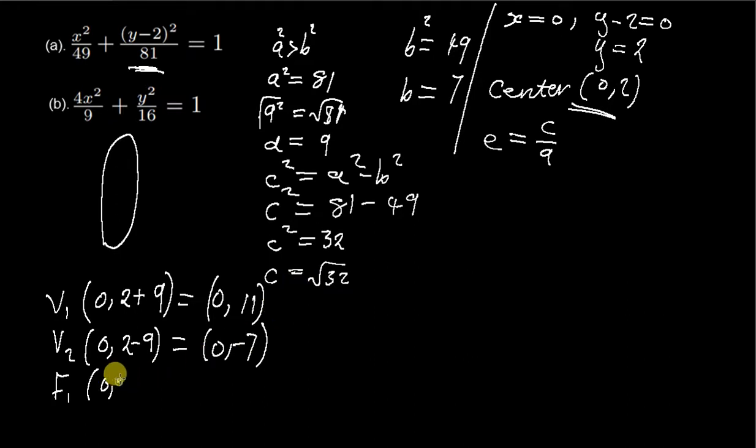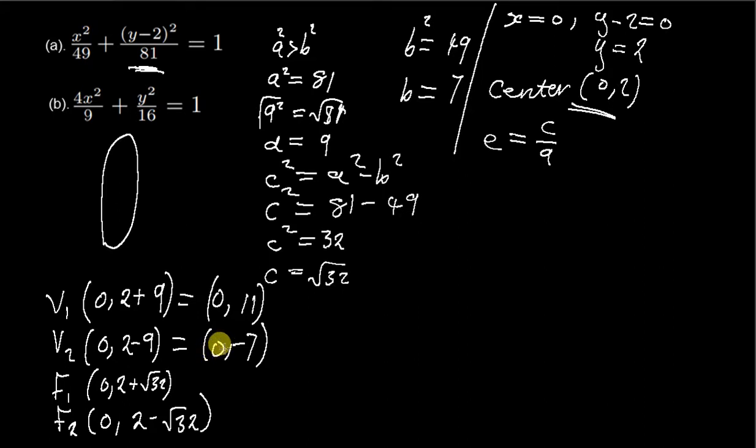So f1 is 0, comma, 2 plus the root of 32, and f2 becomes 0, comma, 2 minus the root of 32. From there we can now find the minor and the major axis.